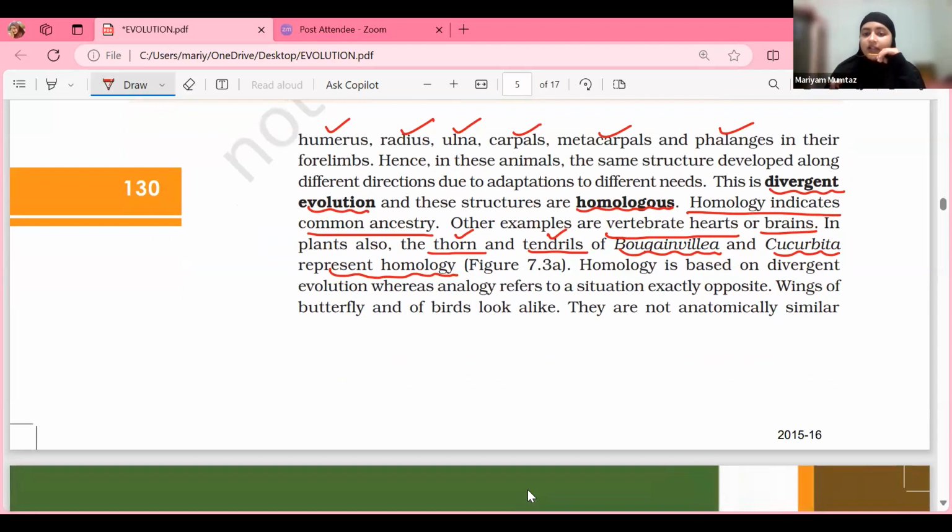Now, analogy is the exact opposite of homology. If you look at the wings of the butterfly and the wings of the bird, both of them have one similar function, flying, isn't it? The butterflies also use their wings to fly, so do the birds.